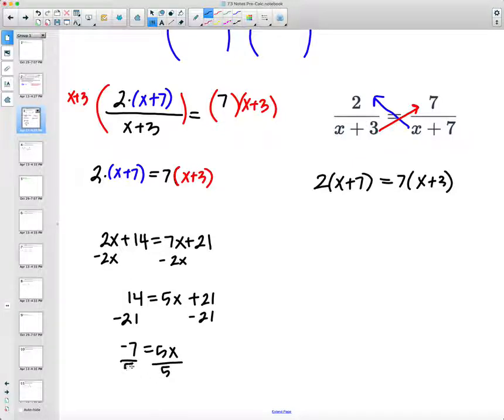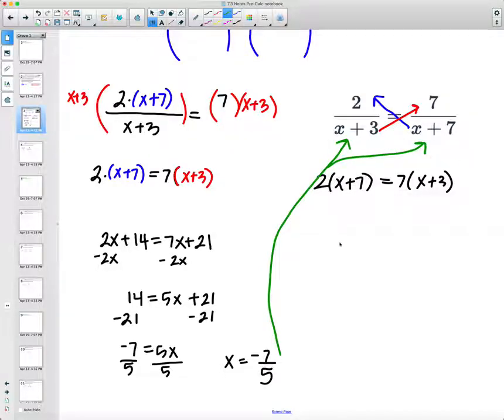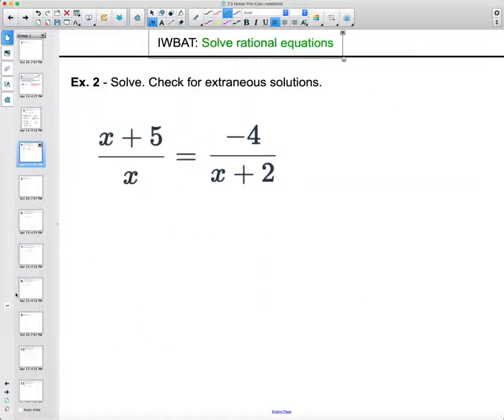Divide by 5, and we get x equals negative 7/5. Then we need to check, does this make either denominator 0 when we plug it in? The answer is no. So x equals negative 7/5 is our solution.